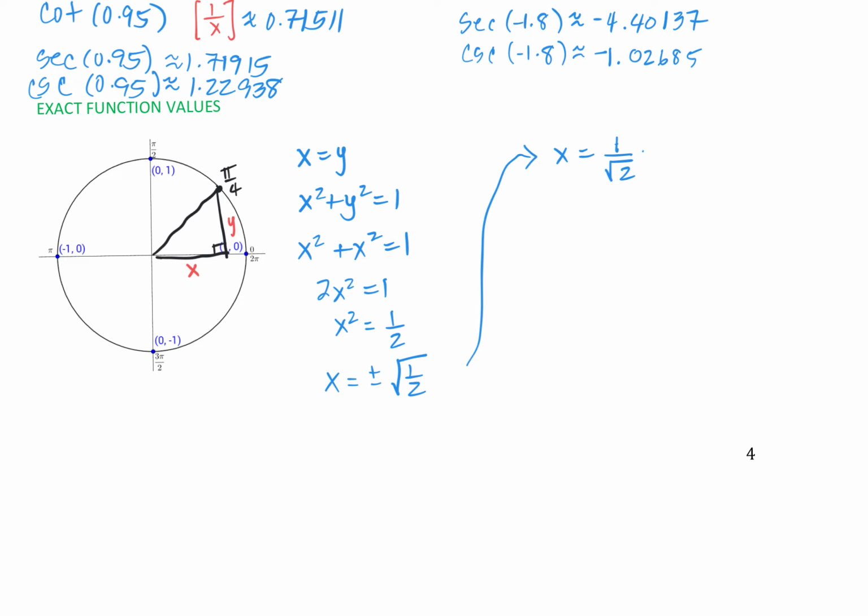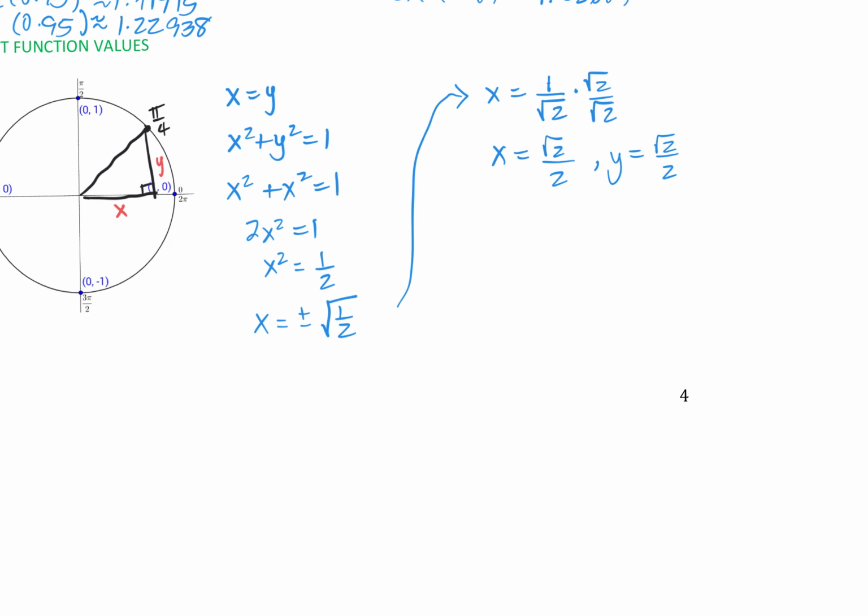However, we need to rationalize. So I get an x value of square root 2 over 2. And since the x and the y are going to be equal, y is also square root 2 over 2, which tells me when I have an arc length of pi over 4, it's going to be corresponding to the point square root 2 over 2, square root 2 over 2.